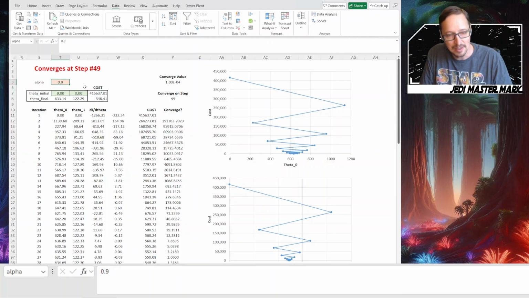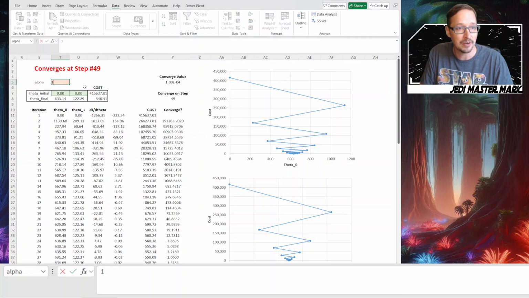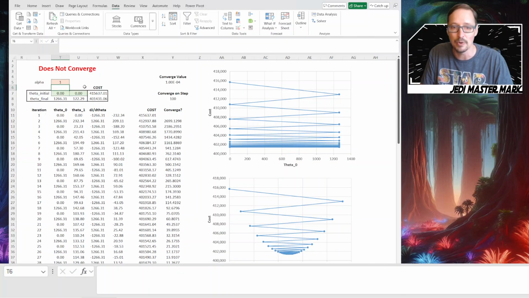But there is a problem with selecting it too large. So here we go, let's select an alpha of 1. Yeah, this is really interesting. Now our slope term seems to have converged. You can very clearly make out the parabola loss function, or cost function, with respect to theta 1, and it's jumping back and forth in order to converge.